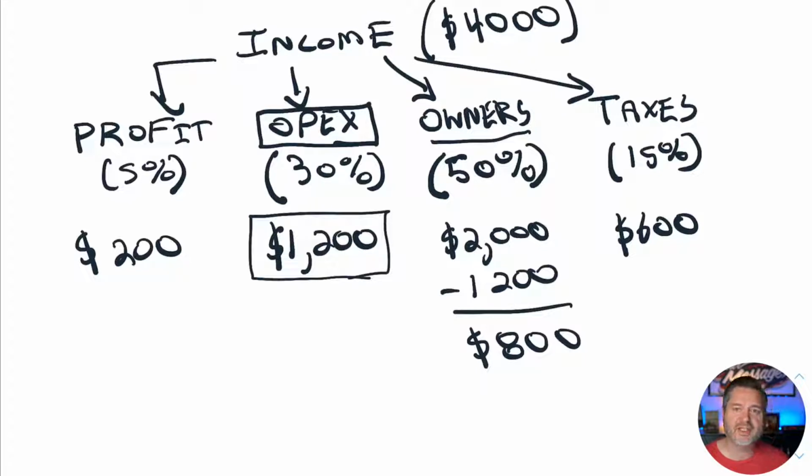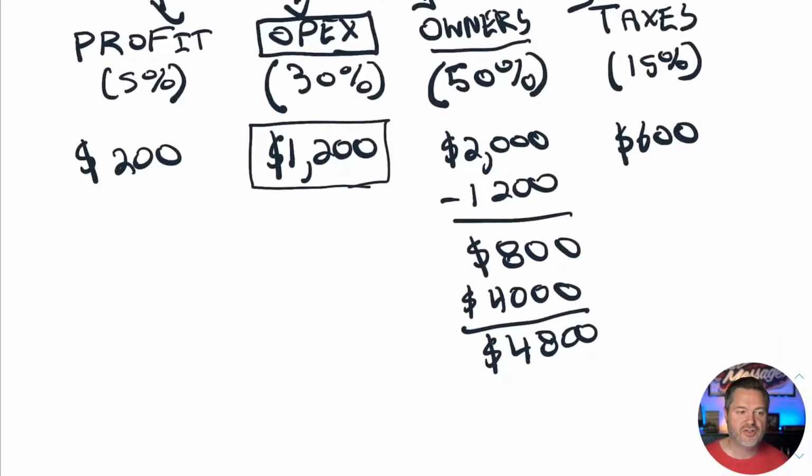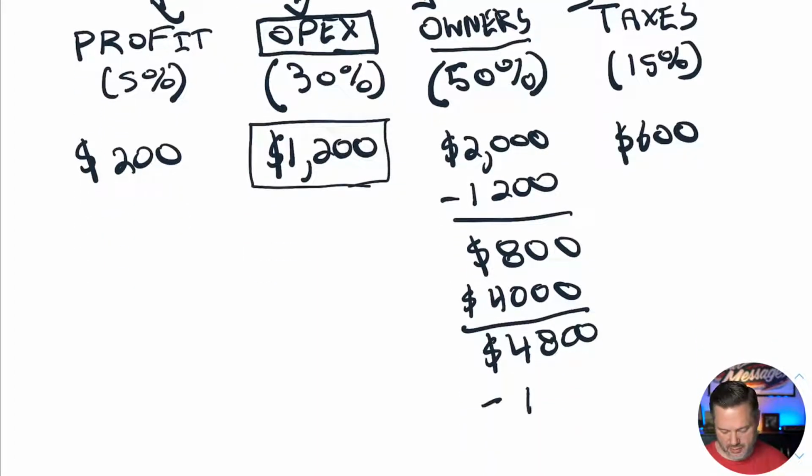Now, what's nice about this is your owner's pay is a safety net for you, because if you're not withdrawing the total amount over time, like maybe the next time you do this, you end up putting 4,000 in here, right? And then because you had 4,800 already in there, now you've got 4,800. You following me? And then you just take 1,200 out.